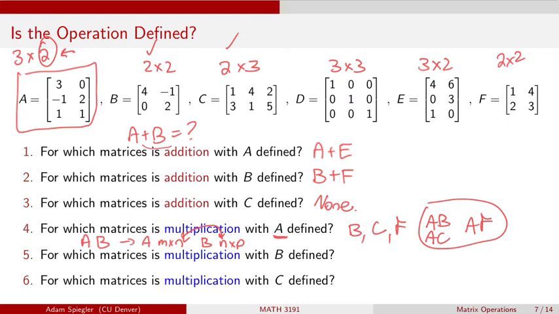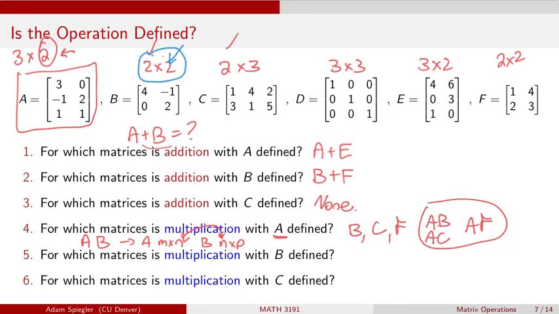However, we can't just invert these orders. Here I'm paying attention to the order that things are multiplied. So if I start with A, the only matrices that I can then multiply A by would, in this example, be B, C, and F. Matrix B is a 2 by 2 matrix.